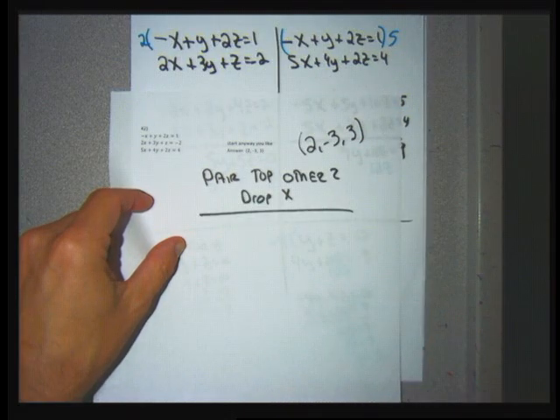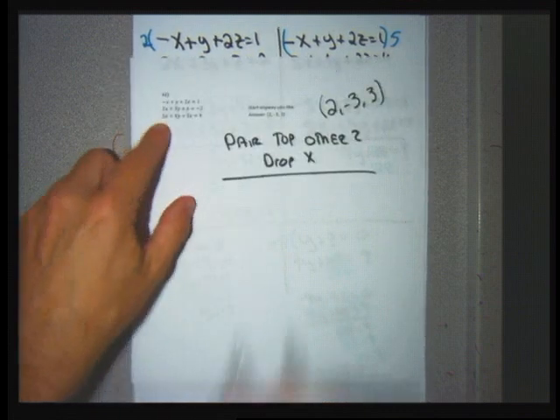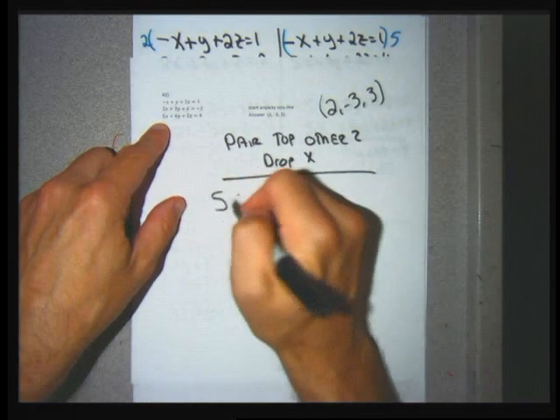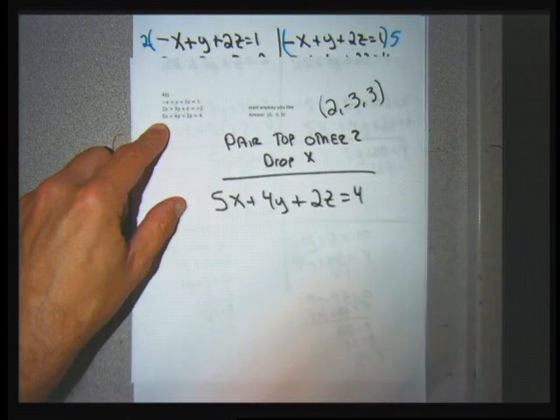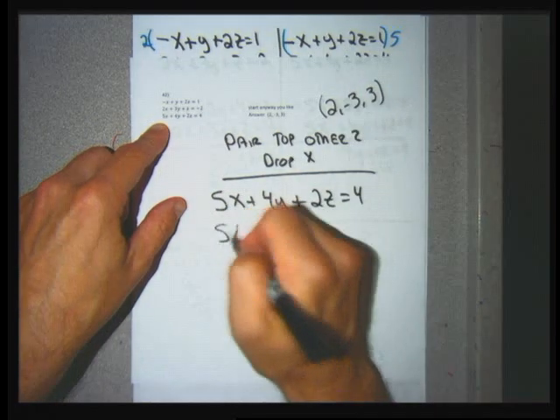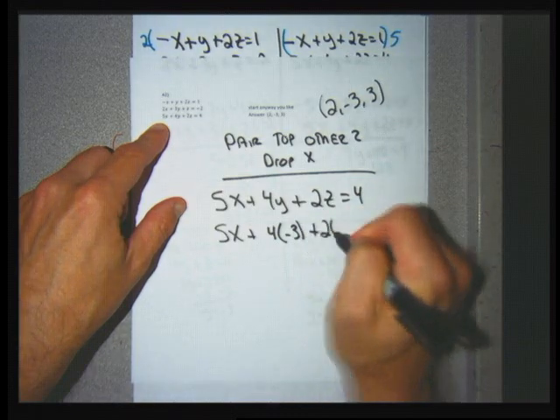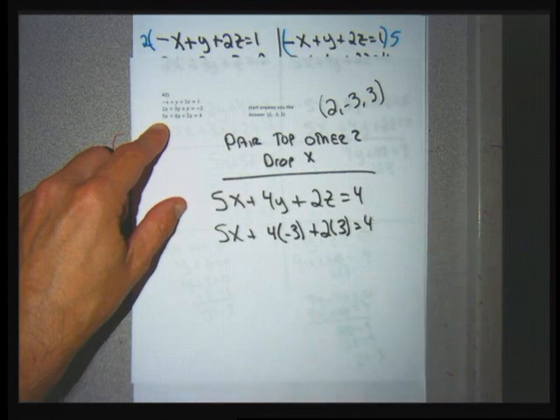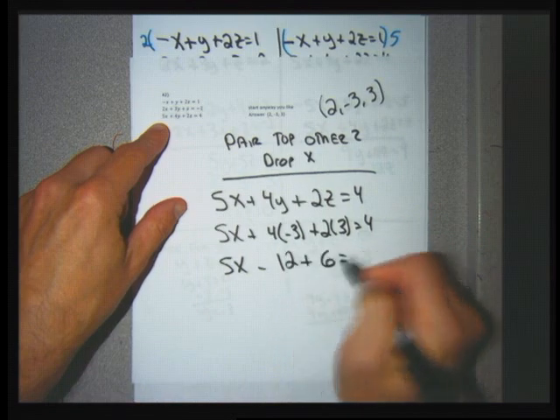I need to pick any equation that has an x. I like this equation right here: 5x plus 4y plus 2z equal to 4. If I use that equation, plug in the negative 3 that I just found to be y, the 3 that I found to be z, I'd get 5x minus 12 plus 6 equals 4.